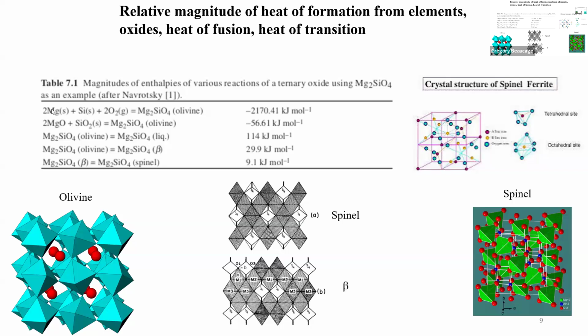Then if you make the olivine from ground state magnesium, ground state silicon, and oxygen, you get a big number because these things blow up. If you have powdered magnesium and silicon, it's explosive. But if you make it from the oxides, which have already consumed some of that energy, you get just a small enthalpy of formation, a weaker energy of formation.